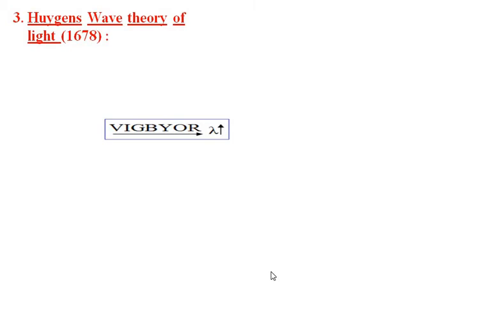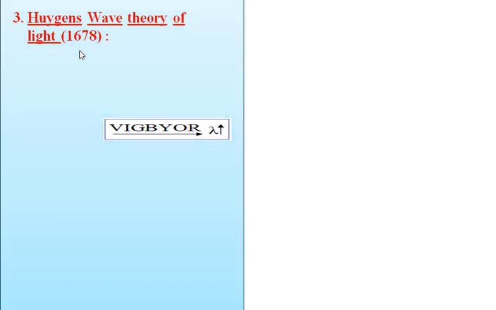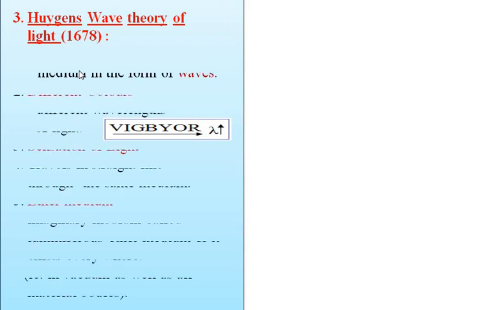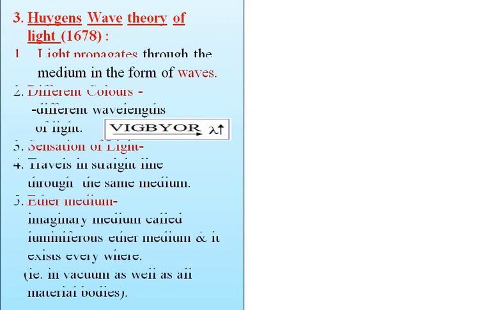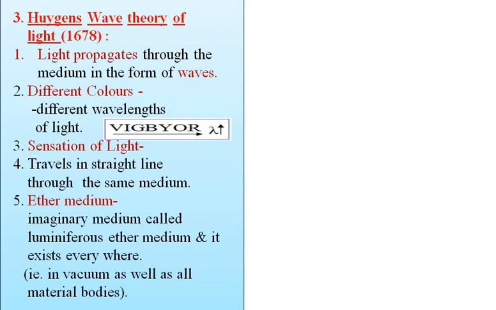Another theory of light is Huygens' wave theory. Huygens is the name of the scientist, and he studied the nature of light after Newton, in 1678. According to Huygens, light propagates through the medium in the form of waves.